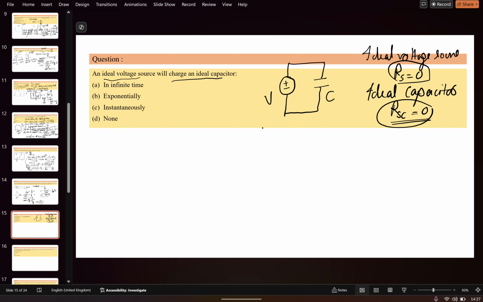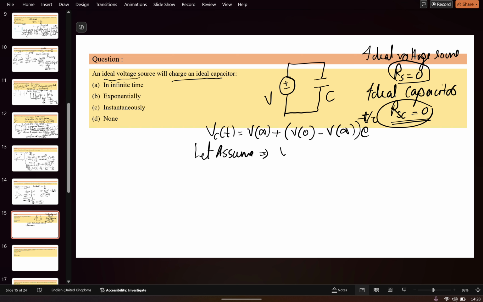VC(t) is equal to what I have told, V infinity plus V0 minus V infinity. You have to find the value of t to charge this capacitor. Let's assume the capacitor came into the steady state when it is fully charged.